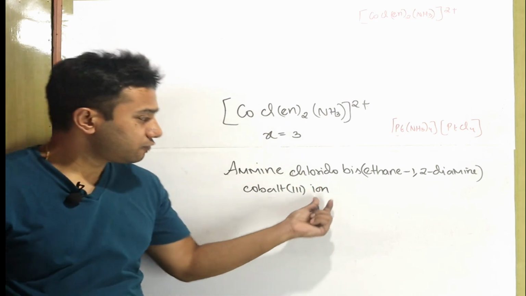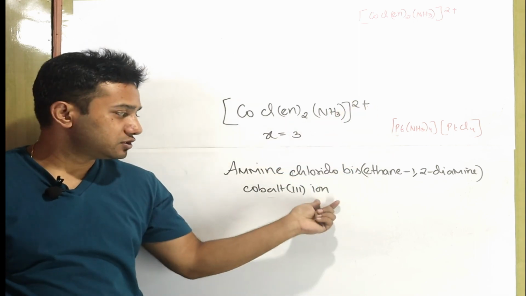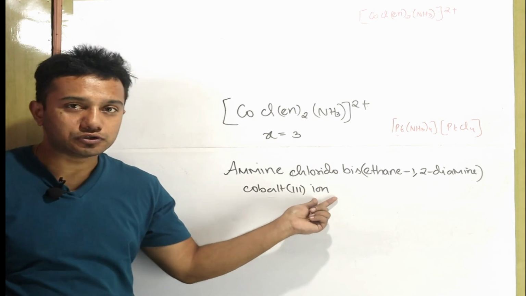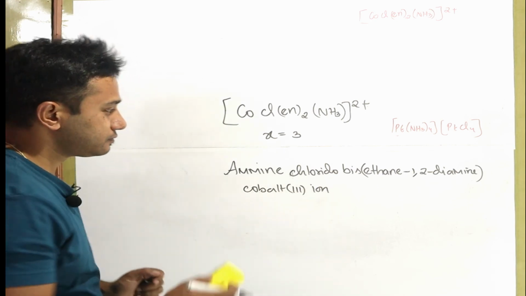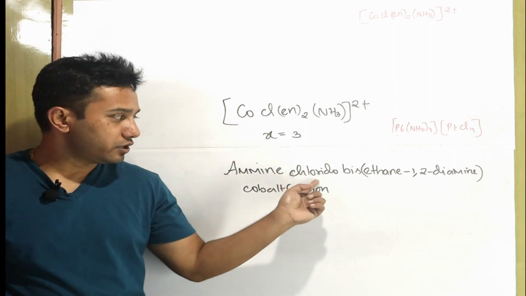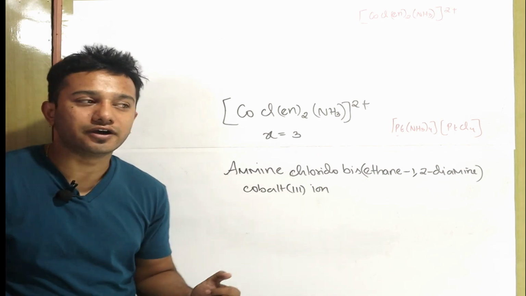Sorry, on the previous one I forgot to write ions. So whenever there is a charge out here, you're supposed to write ions. So please correct the previous one. So we are supposed to write ions. So the name of this coordination compound is amine chlorido bis ethane-1,2-diamine cobalt 3 ion.